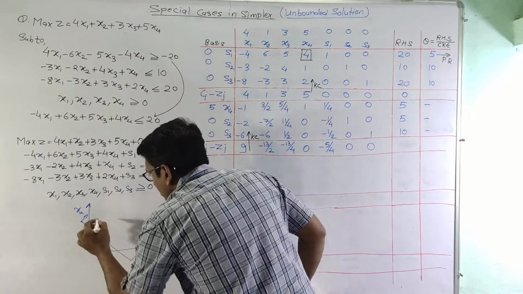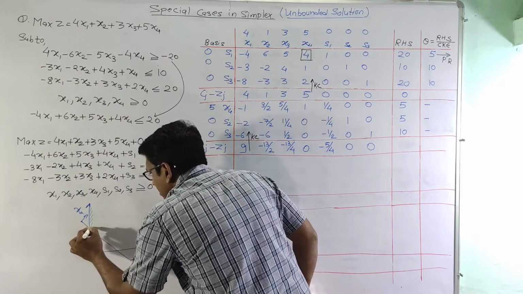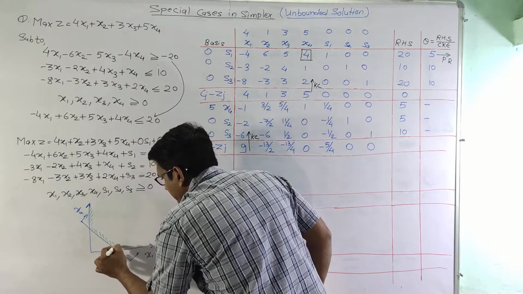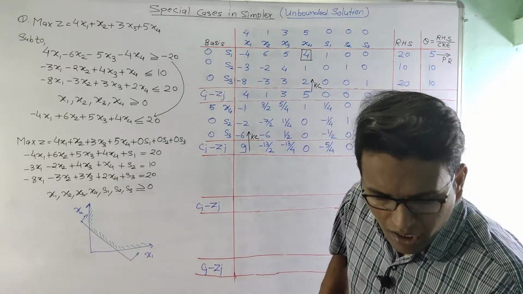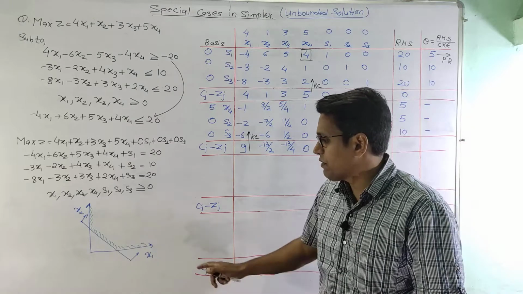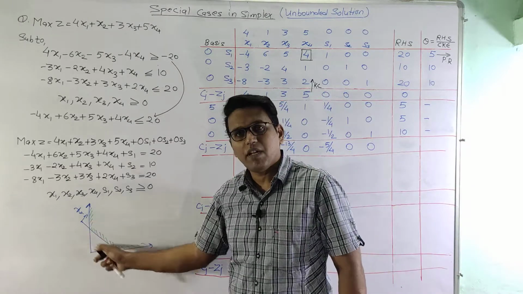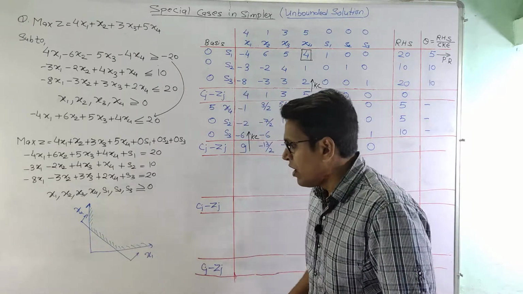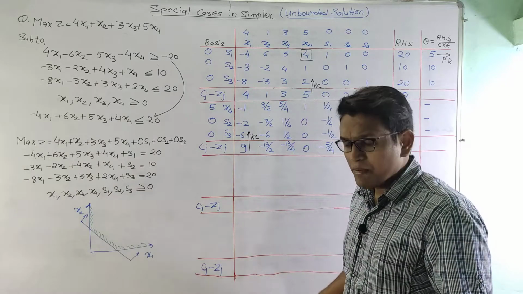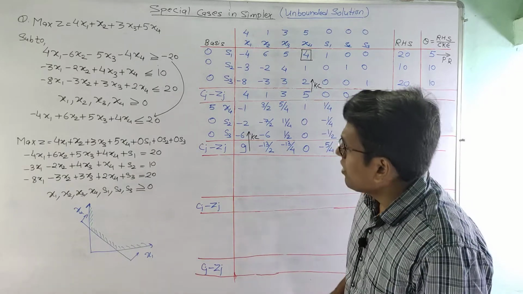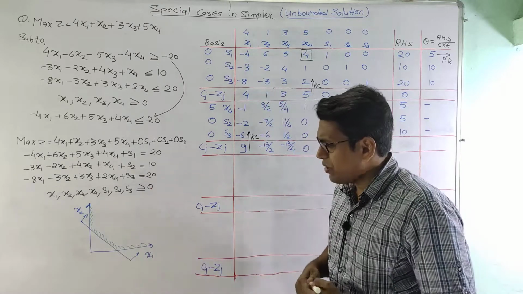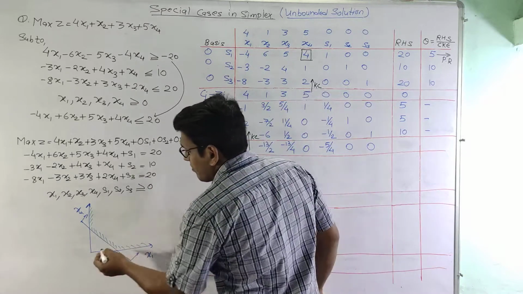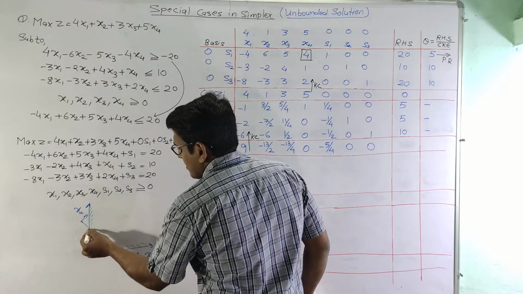And so here is the feasible region of this particular graph, and if our objective is to find the maximum value in this particular graph, what our simplex method does is it will move from one corner point to the other corner point.